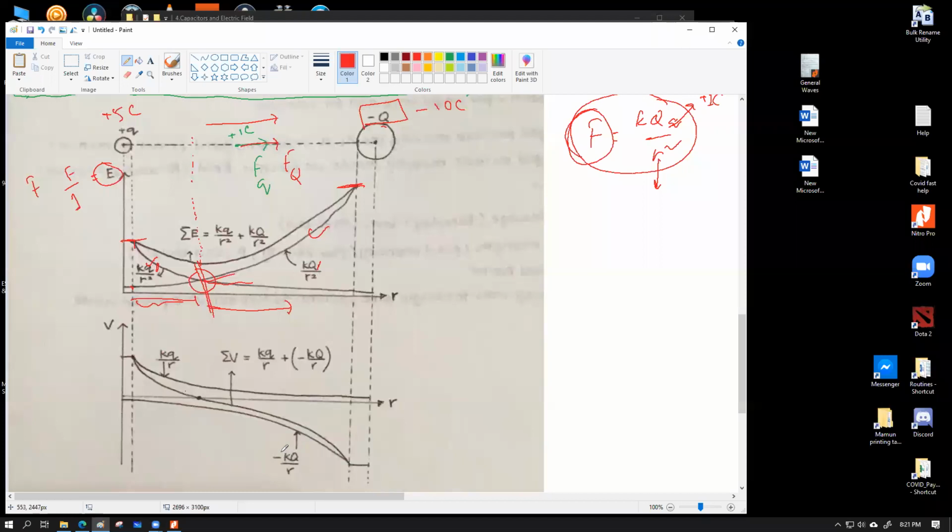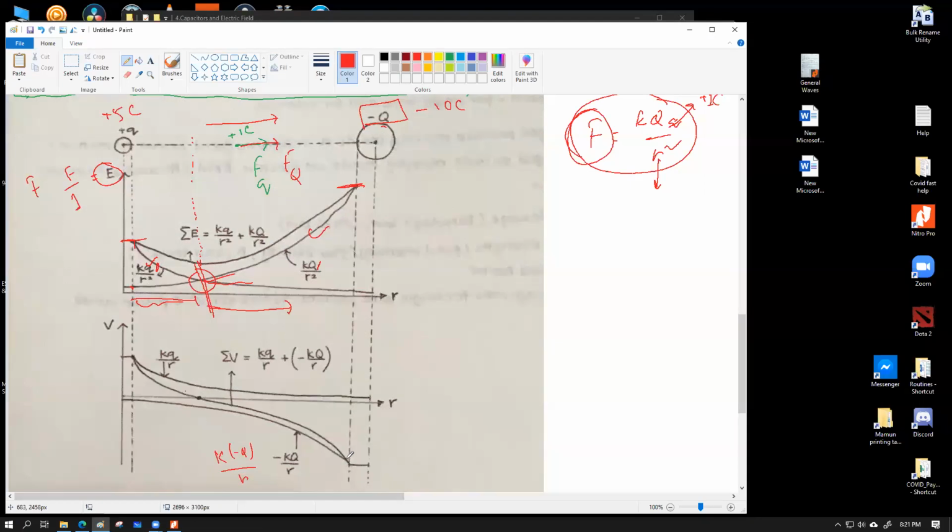It would have been better if we wrote it like this: K into minus Q divided by R. That way you would understand that it is not negative by default; because Q is negative, the total product of this quantity is also negative.